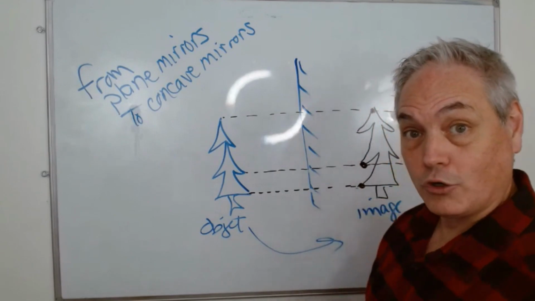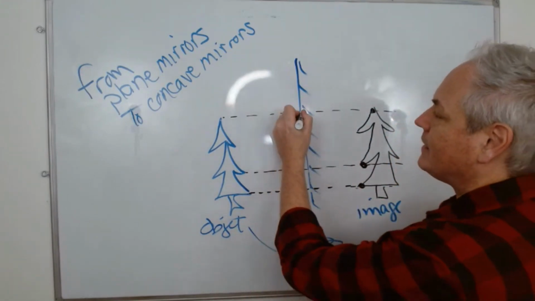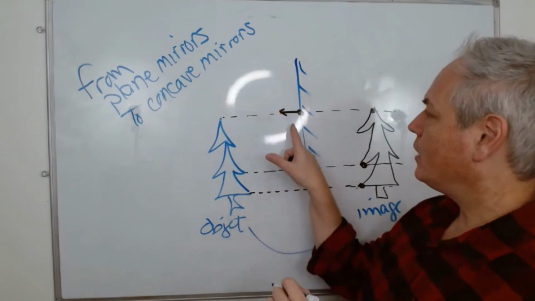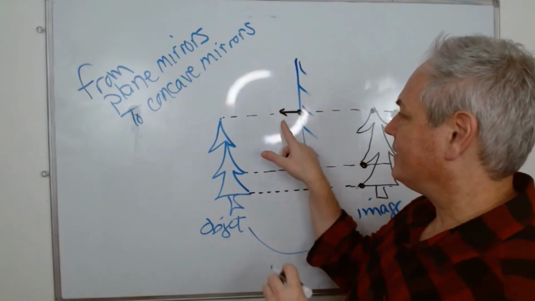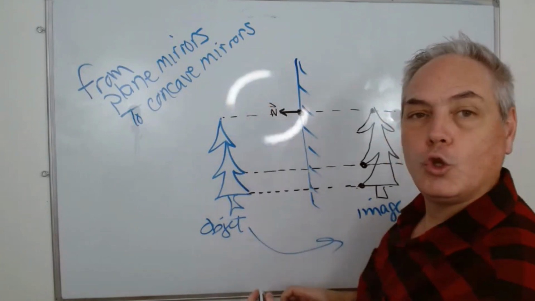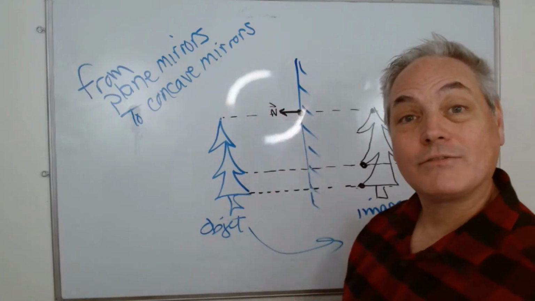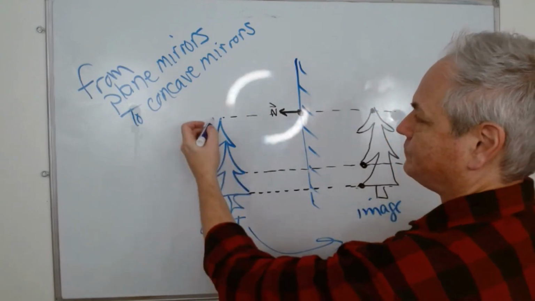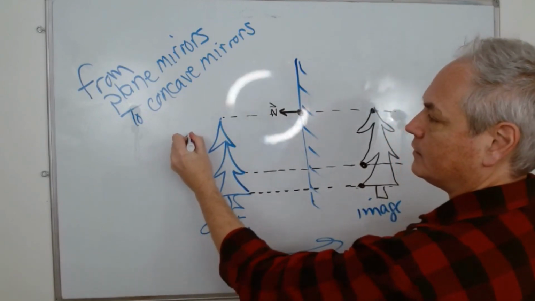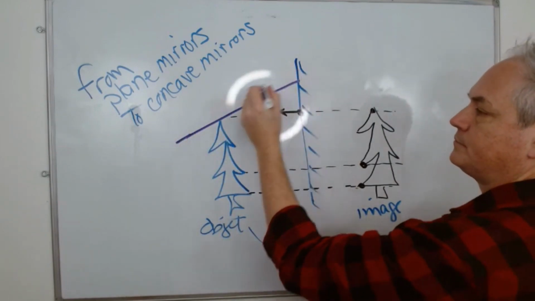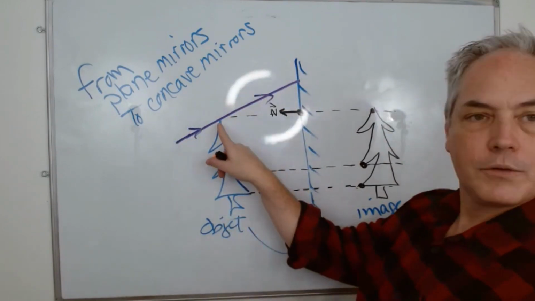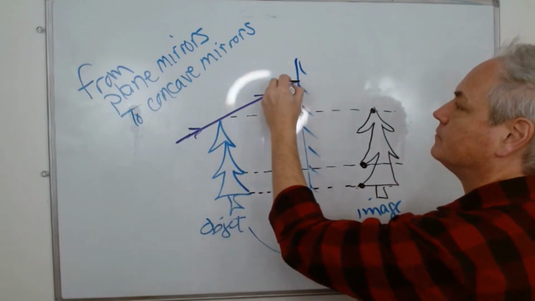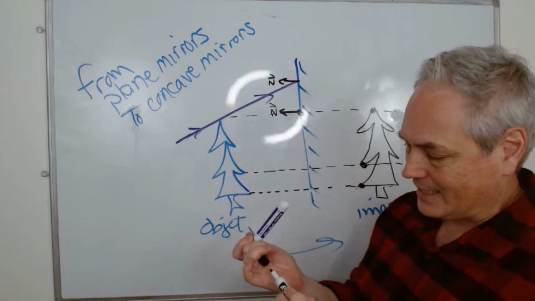Something else you would have learned in your science class is that if you take a ray of light, we have what we call an imaginary line that we call the normal on this flat mirror. So if I have a ray of light that goes like this, from this point right here, we have a normal that is like that.